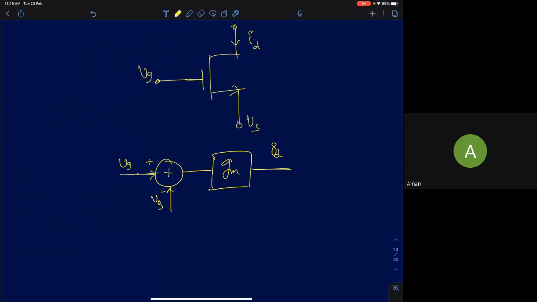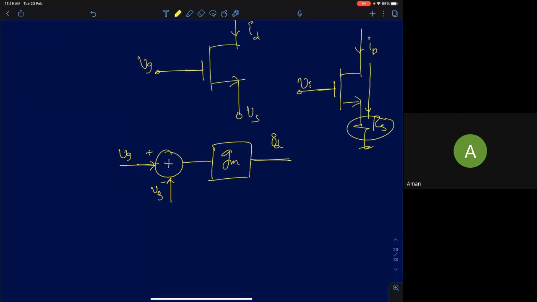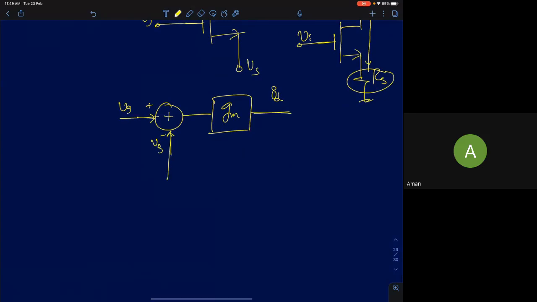Now what's happening in a common source MOS amplifier with source degeneration? The output current ID is going to flow through a resistance Rs. So VS, the source voltage, is the voltage drop here, which will be ID Rs.